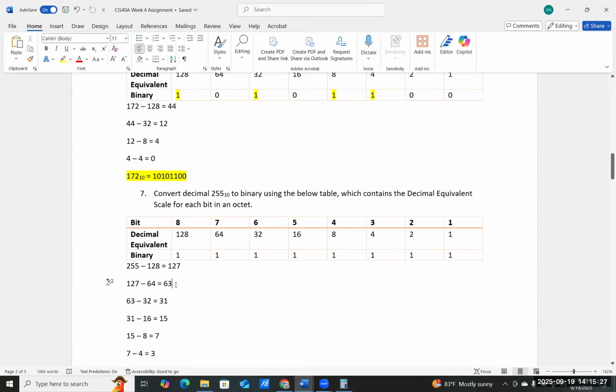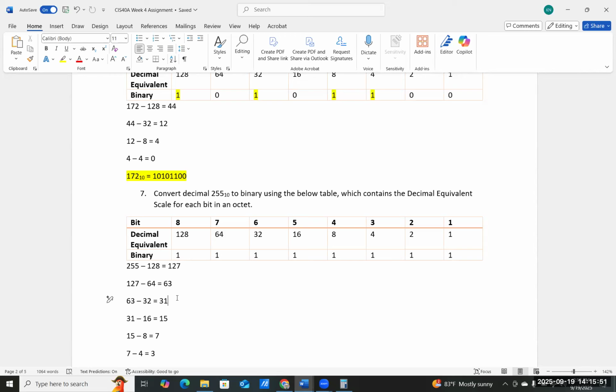So I take 63 as a remainder and I do that again. I take 63, I subtract the 32, and I have a 31 left. As I subtract, I place a 1. Then I ask myself, 31, can I subtract 16 from it? Sure. So 31 minus 16, which is the next bit, that's a 1.